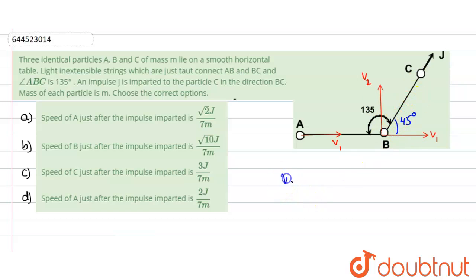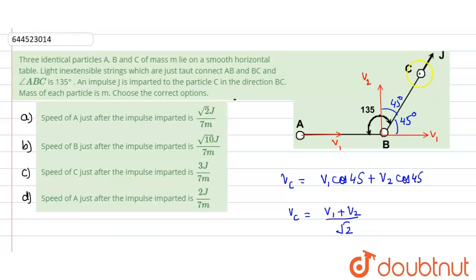So the velocity of C equals V1 cos 45 plus V2 cos 45, because this angle would also be 45. So VC would be equal to (V1 plus V2) divided by root 2. This is one of the cases.